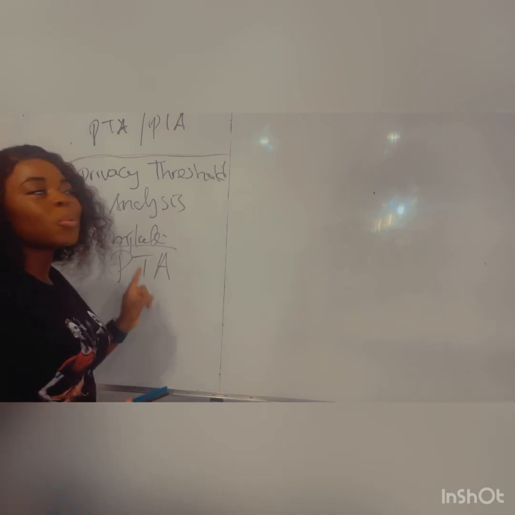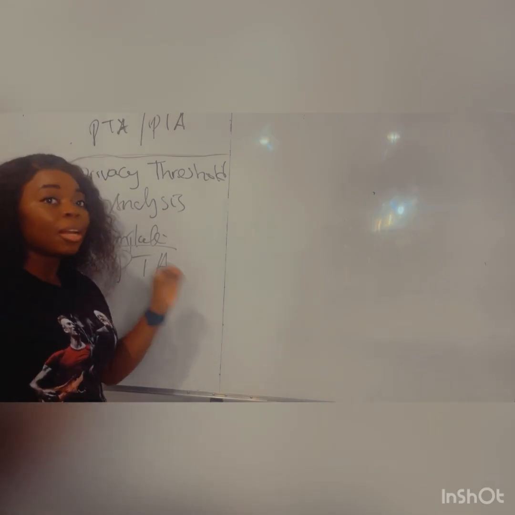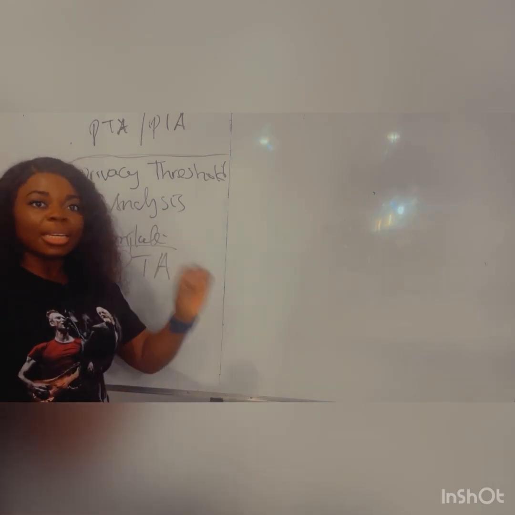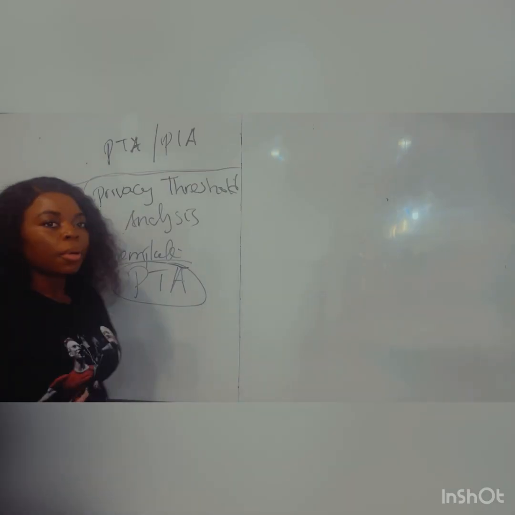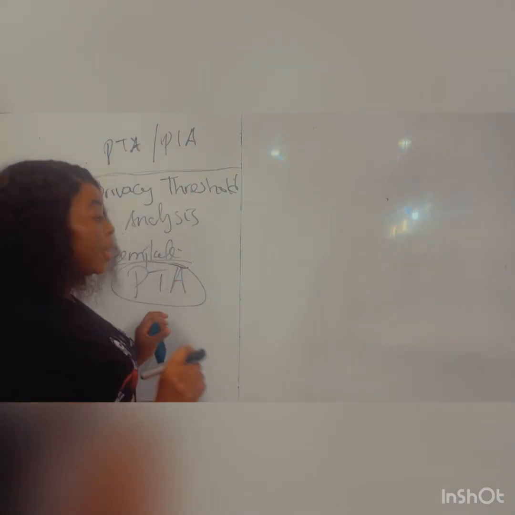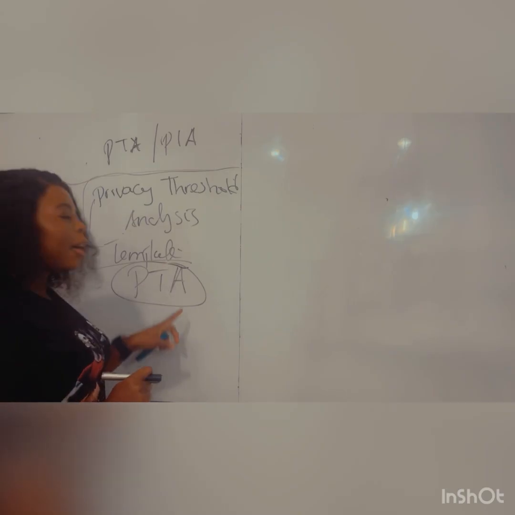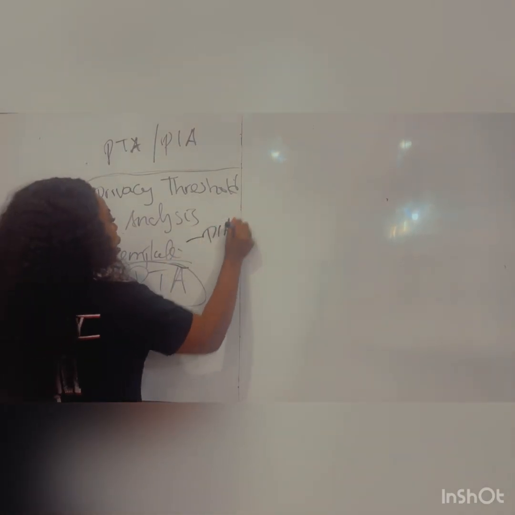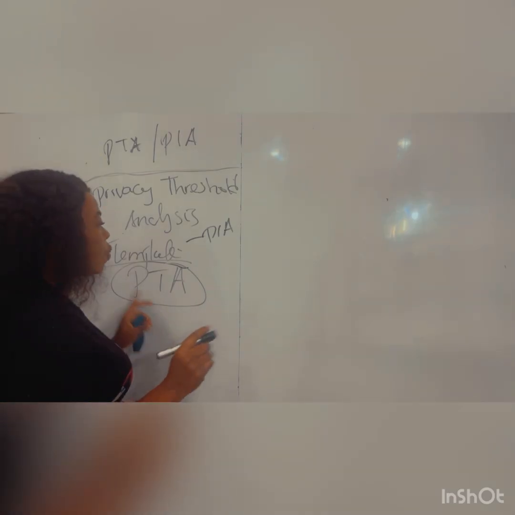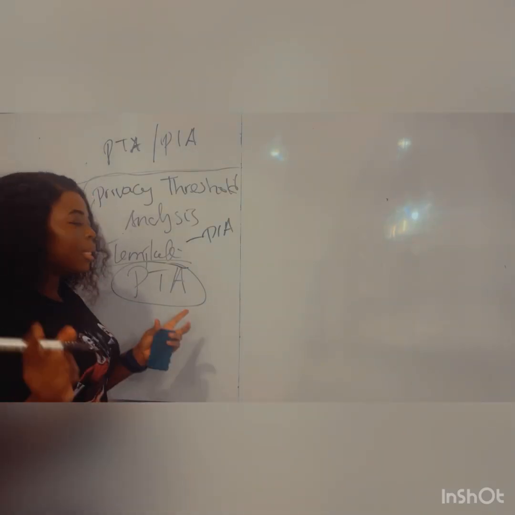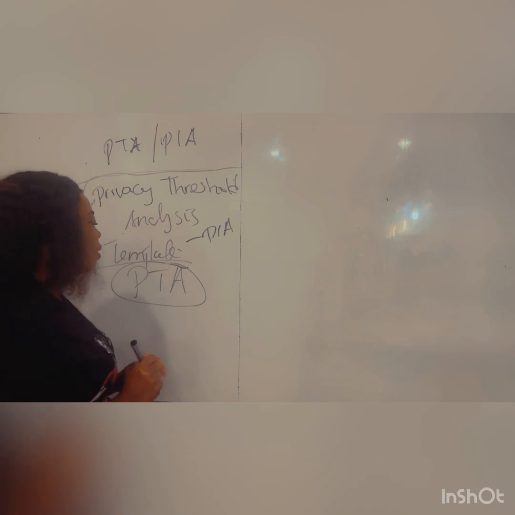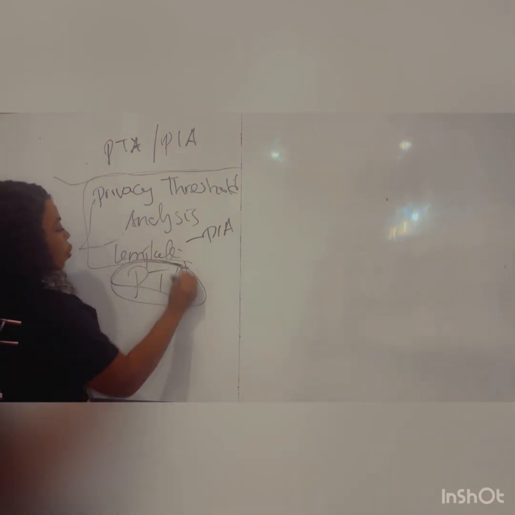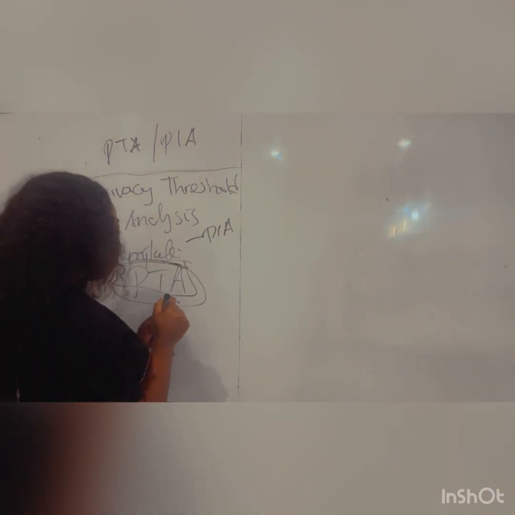But why do we need to fill the PTA after we have categorized the information system? Because we also want to determine if that system is collecting a lot of PII, personally identifiable information. If the system is collecting a lot of PII, then we need a PIA. I'll introduce another concept, okay, PIA. So the very first thing is that once you've categorized the information system using NIST 800-60 Volume 2 and FIPS 199, each organization or agency also has their customized template.